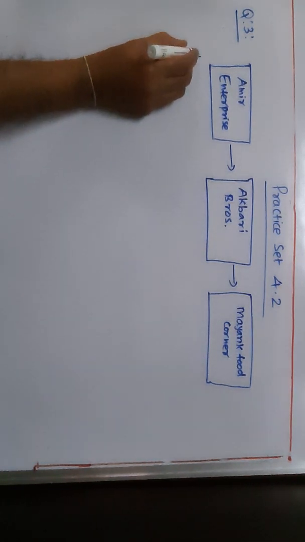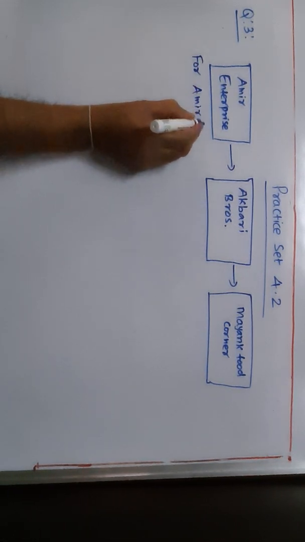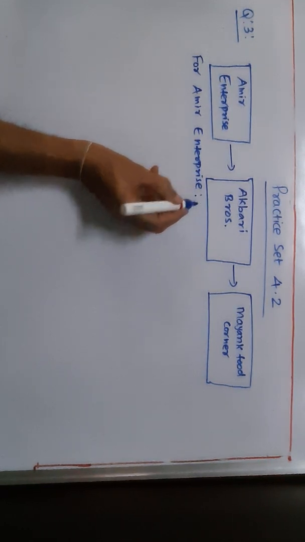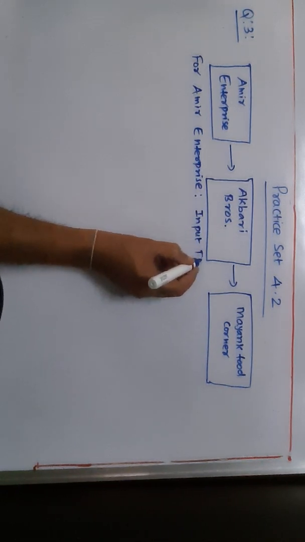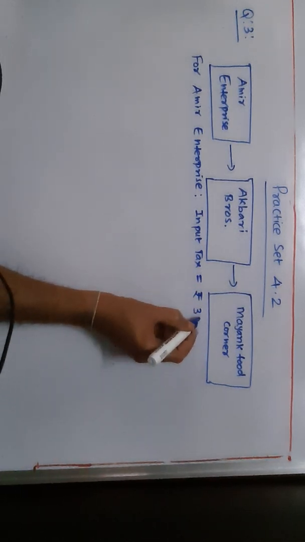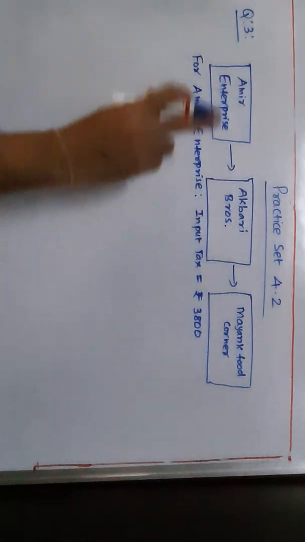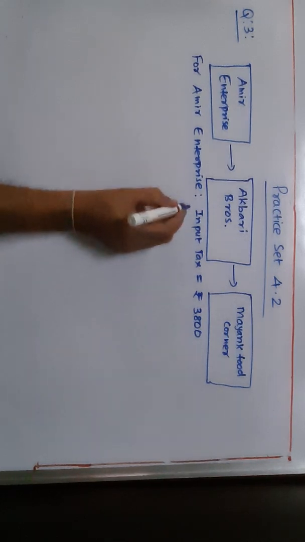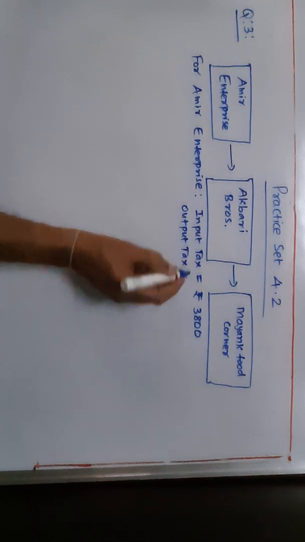So we will start first with Amir Enterprise. You have to remember this entire transaction in mind. The input tax: at the time of purchase the GST they paid was rupees 3,800, paid to the manufacturer. So this is the input tax. The output tax for Amir Enterprise is the tax collected at the time of sale.